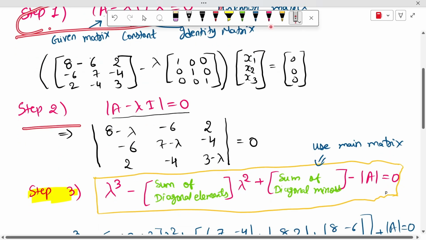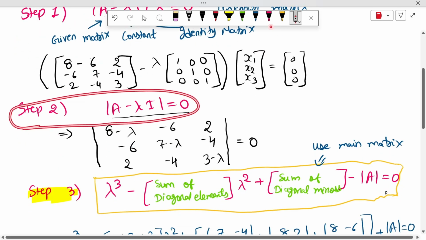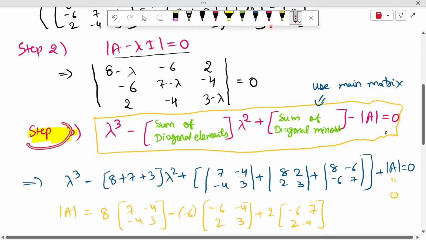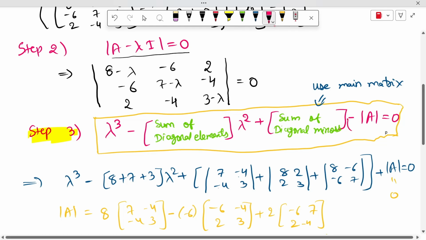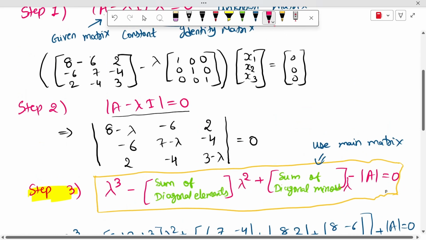This was step 2: find the determinant of A minus lambda I. For that we have a very easy method: lambda cube minus this term into lambda square plus this into lambda minus determinant of A is equal to 0.